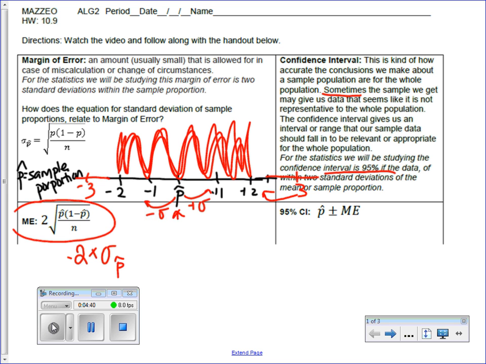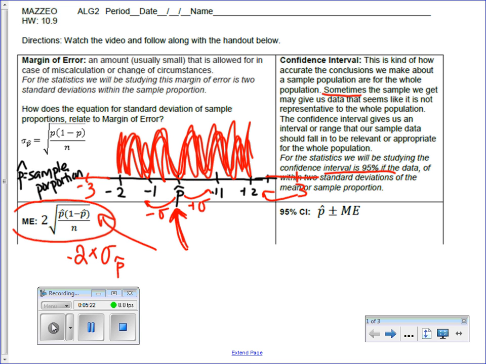The sample proportion is the number that we really get from our data sampling, but for the confidence interval, we're saying it could actually be any number that falls 2 standard deviations below that sample proportion or 2 standard deviations above it. Taking a sample of data is not always accurate, right? So this formula for margin of error is how we make up for the fact that it's not always going to be accurate.